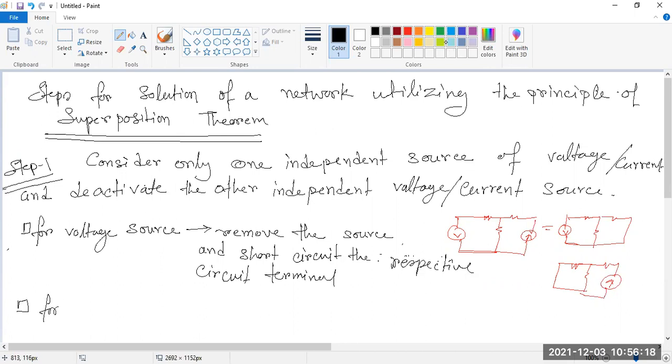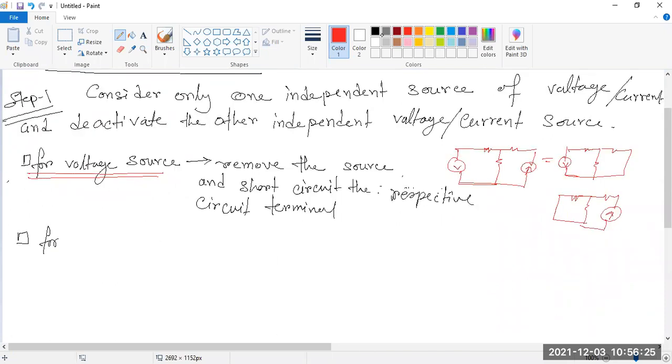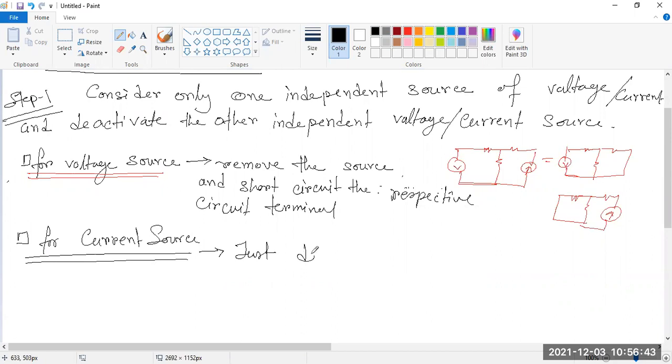For the current source, just remember, it will not be short circuit.